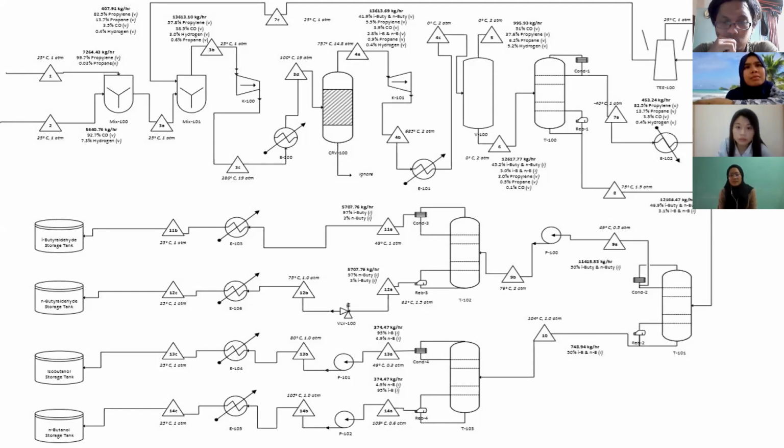The outlet stream of CRV 100, which is stream 4A, will undergo pressure reduction first at K101, a turbo expander. The pressure will be reduced there, and then the following stream will undergo temperature reduction in a cooler. So it's a two process pathway.